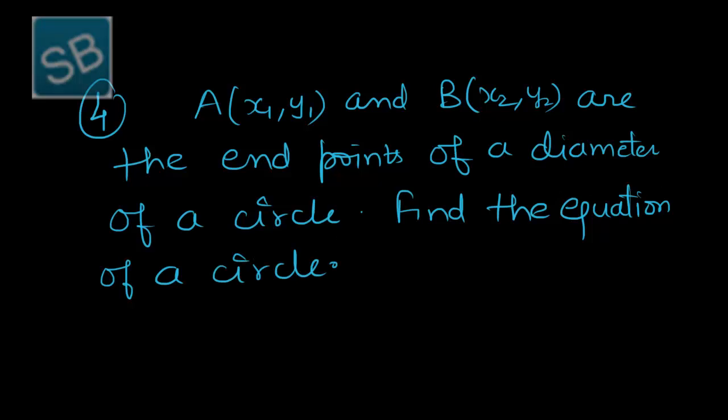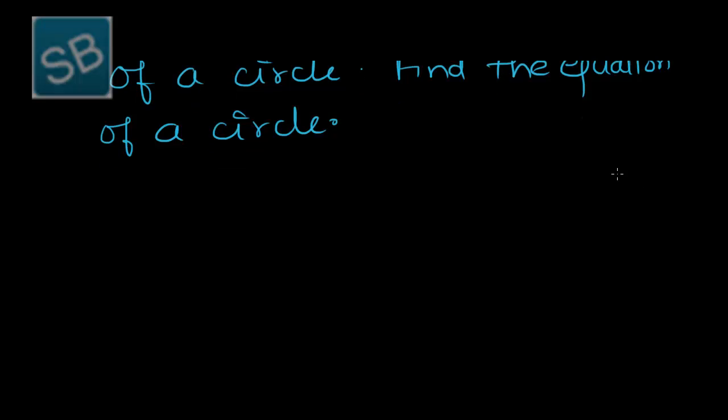So diameter is a line which passes through the center, and half of the diameter is the radius. The center is the midpoint of the diameter.